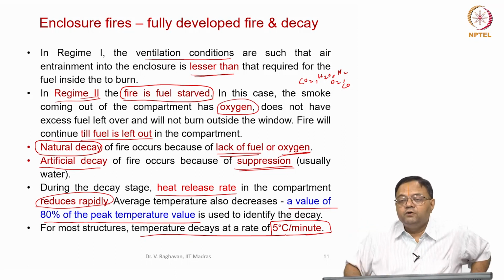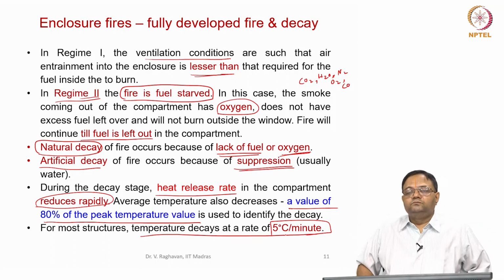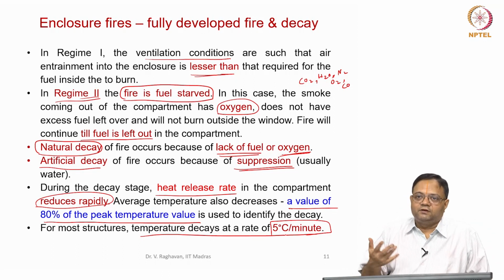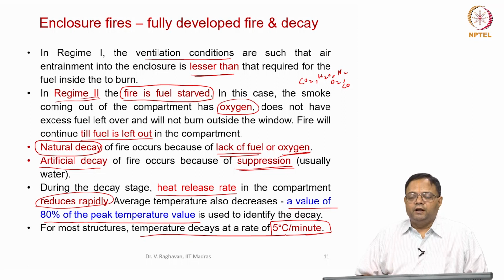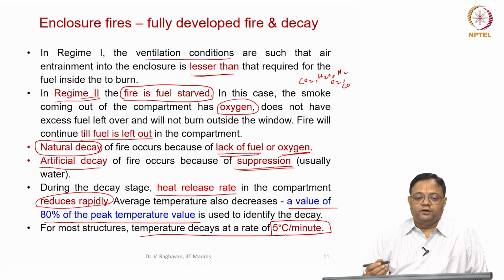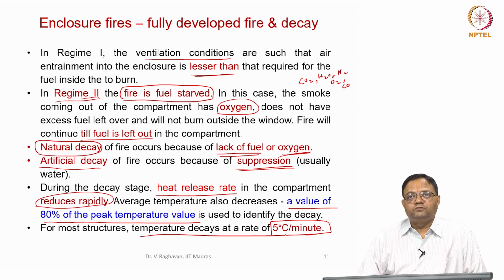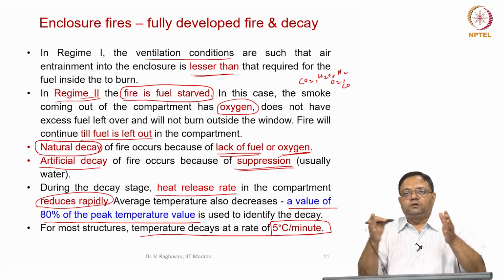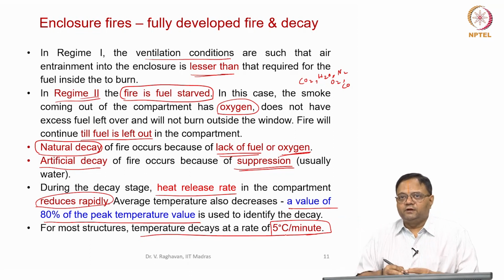It may be just 5 degrees centigrade per minute. So, it will be slow, unless it is actually cooled by spraying water or any other thing. So, we have now understood all the stages, basically the fully developed stage, which is the constant burning period, then the decay stage etc.